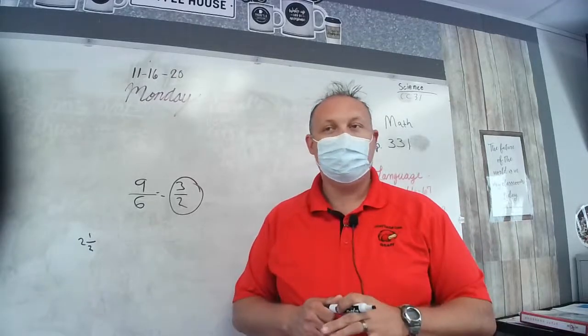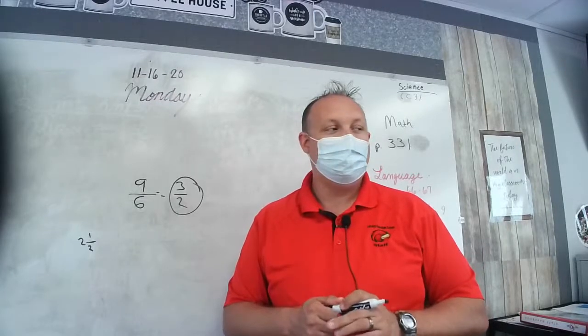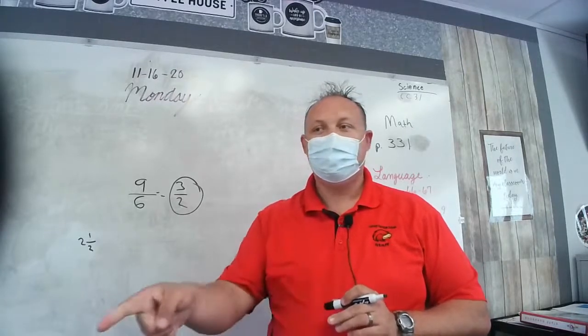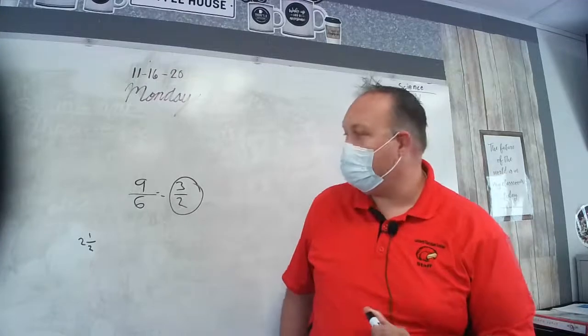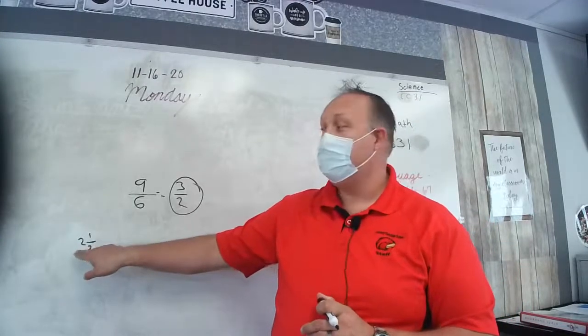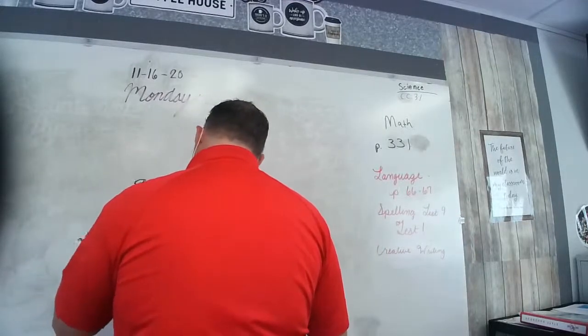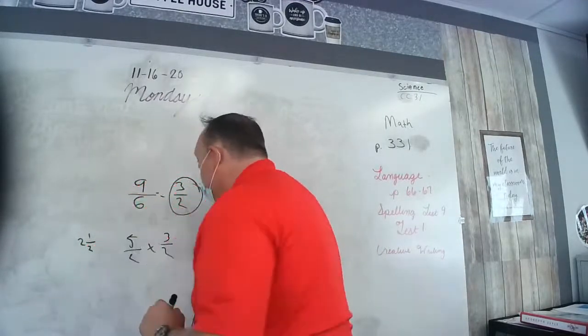A mixed number. It already is a mixed number. What are we going to make it into, Tony? An improper fraction. We're going to do that by multiplying 2 times 2 is? 4. Plus 1 is? 5. So we're going to 5 halves times 3 over 2.